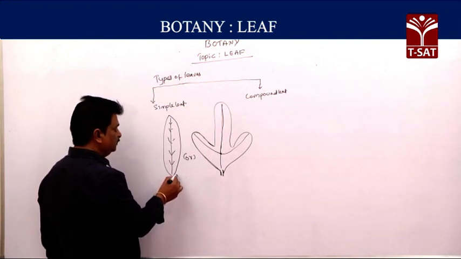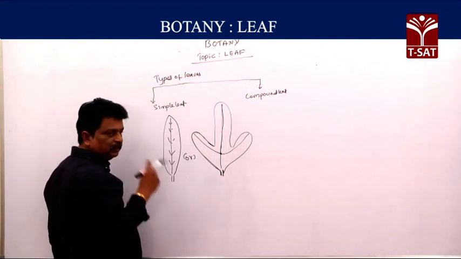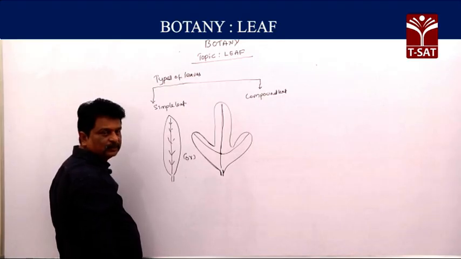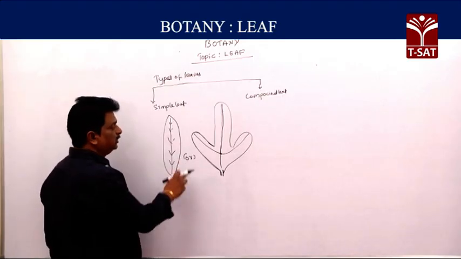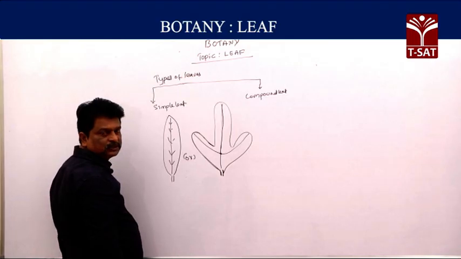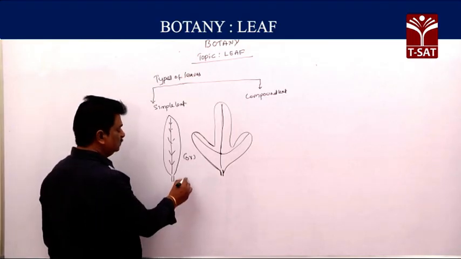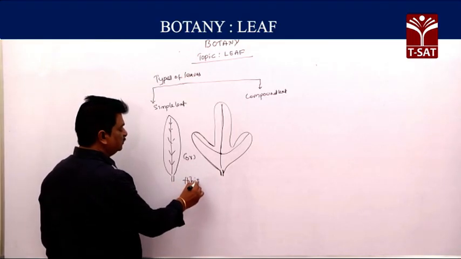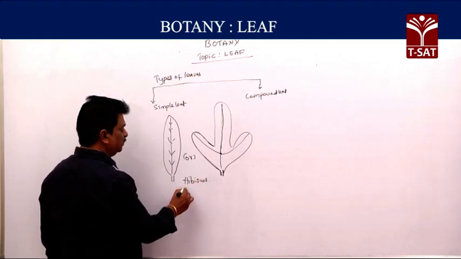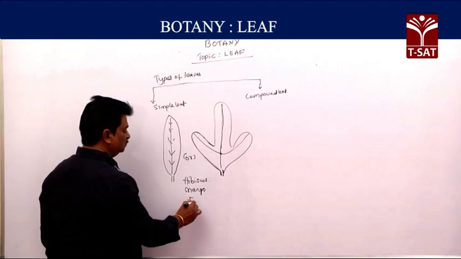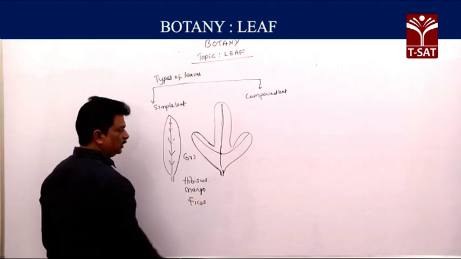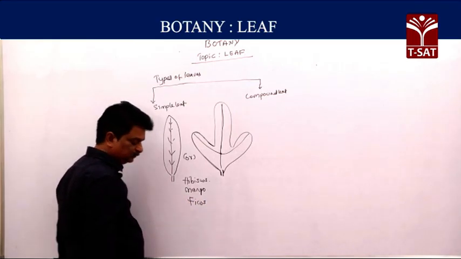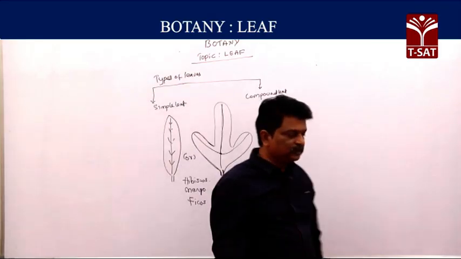And in a simple leaf, in its axil there is an axillary bud. Such a leaf is called a simple leaf. Example for simple leaf: hibiscus, mango and ficus.